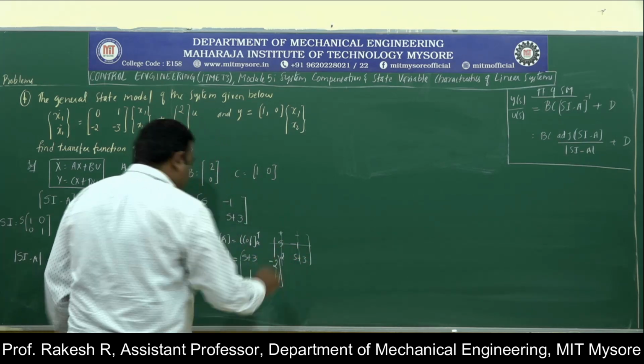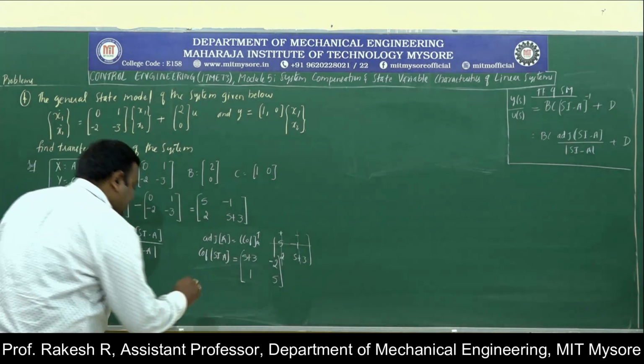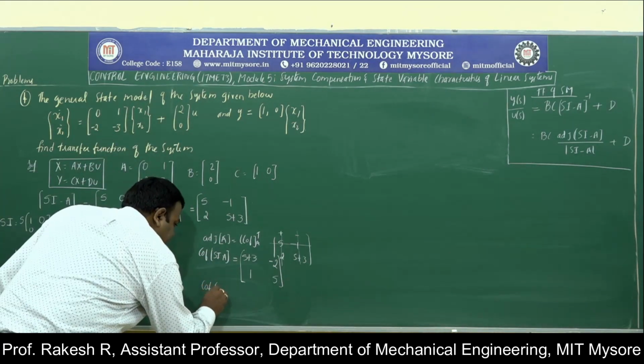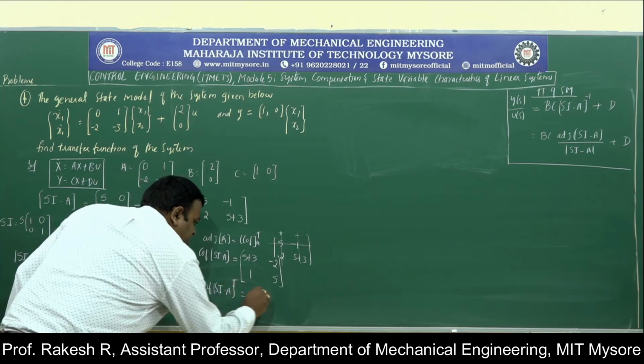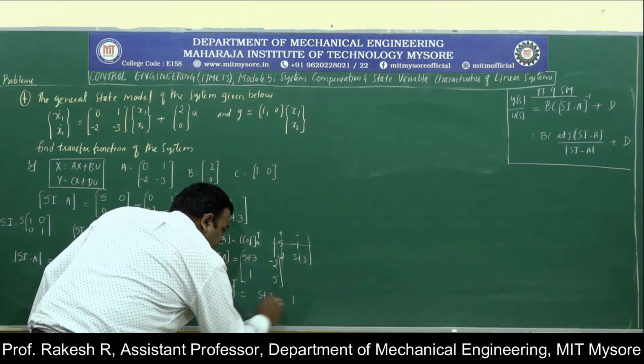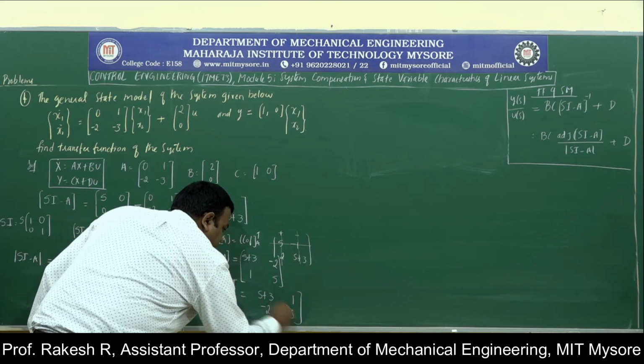So this is the cofactor matrix. But what is the transpose of the cofactor matrix? Cofactor of sI minus A transpose is [s+3, 1; -2, s].